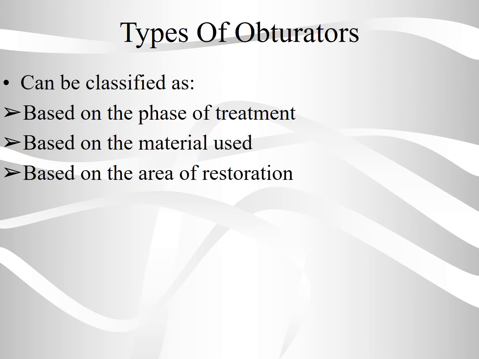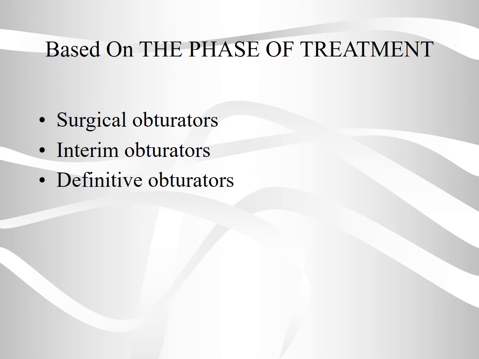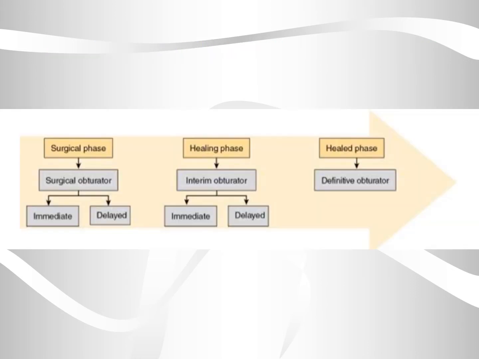So types of obturator, it can be classified based on phase of treatment, based on material used, and based on the area of restoration. Based on the phase of treatment, it can be surgical obturator, interim obturator, and definitive obturator. So it can be divided into three phases.